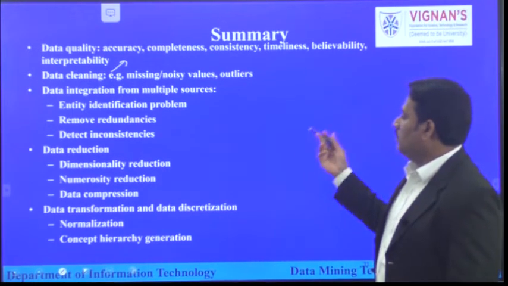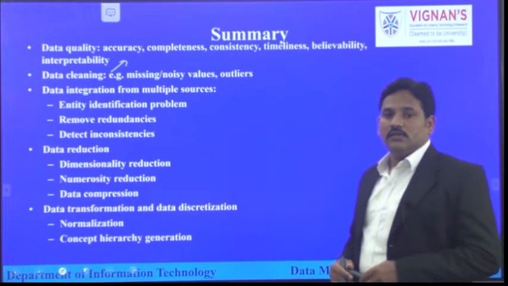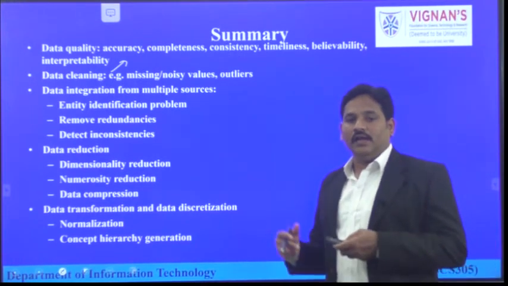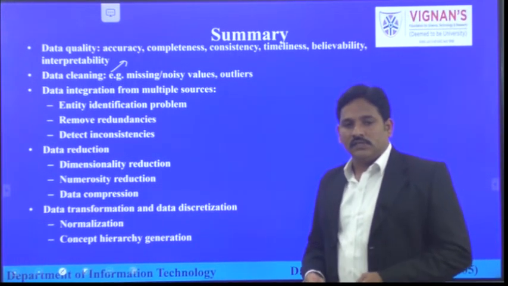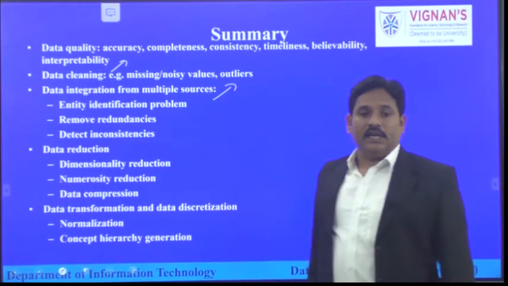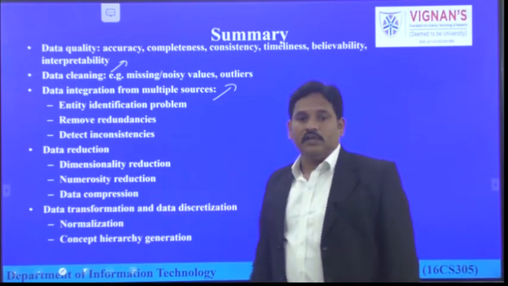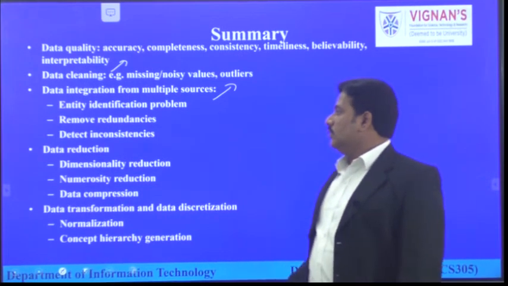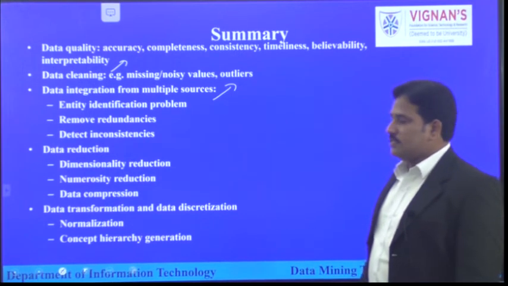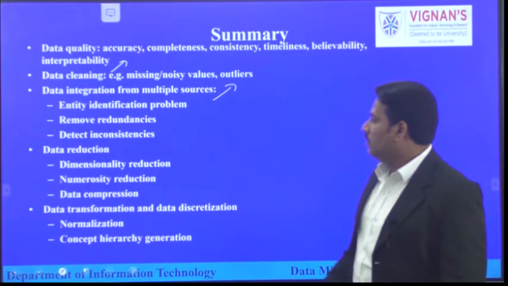Under data cleaning, we have seen missing values, noisy elements, inconsistent values, and handling of missing, noisy, and inconsistent values. Next, we observed the data integration process. Under data integration, we have seen entity identification problems, removing redundancies, and observing inconsistencies among the data.